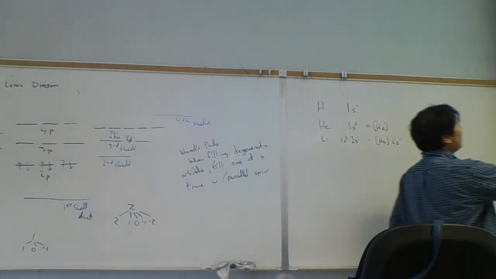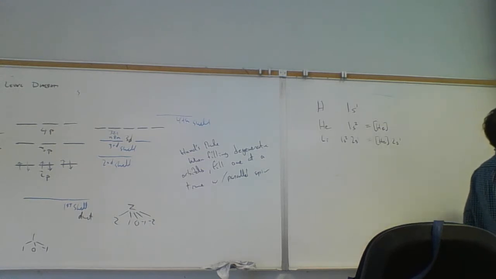So hydrogen, we have 1 electron in the 1s orbital. So this is the element hydrogen here, based on the periodic table. Helium, we throw in a second electron in the 1s orbital. So now the 1s orbital, the first shell, is filled. So it'd be 1s2. Okay, then we move on to lithium. Lithium starts filling the next shell.